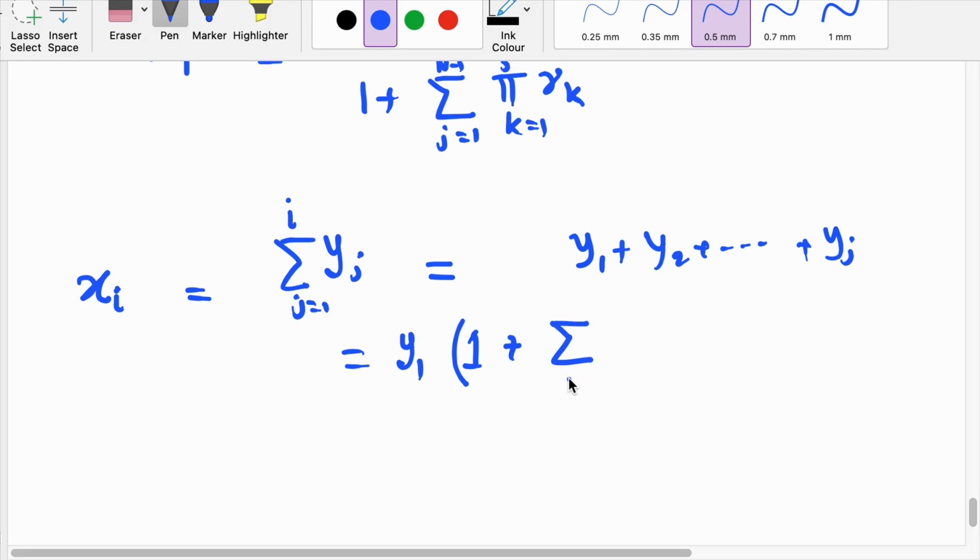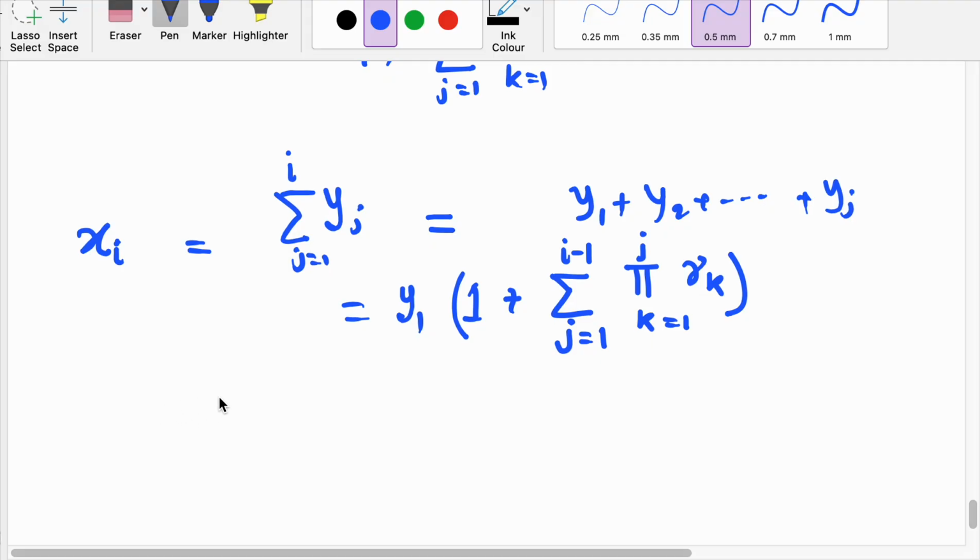This will be the summation from j equal to 1 to i minus 1 of the product over k equal to 1 to j of gamma k.